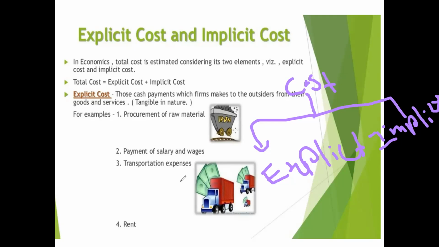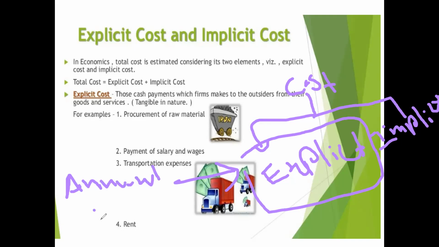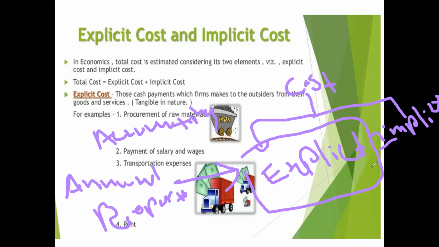Basically, explicit costs are what we consider when we are preparing the annual reports, that means under accounting. In accounting, we consider this explicit cost.